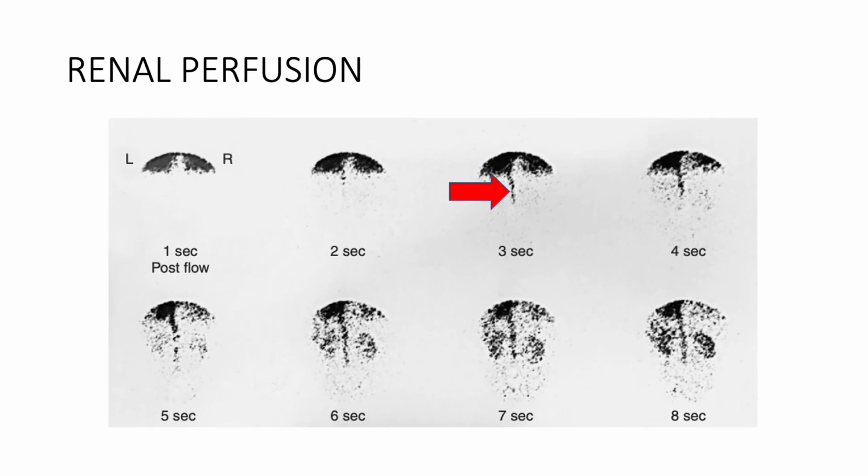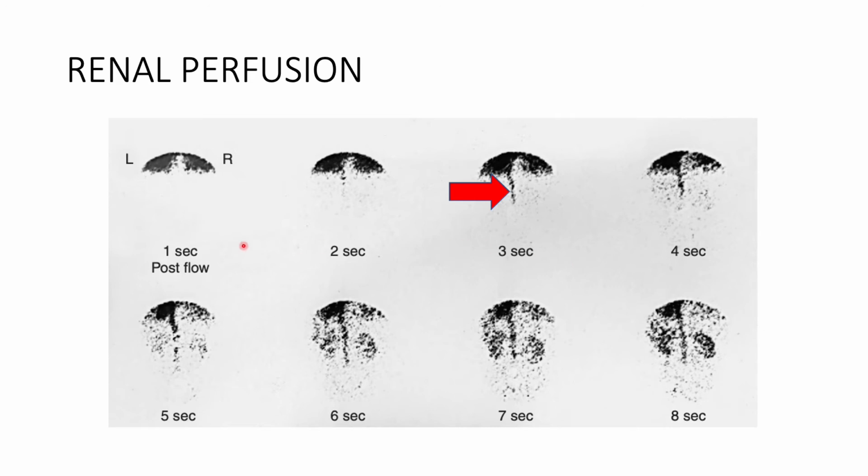Imaging renal perfusion usually begins as the bolus is visualized in the proximal abdominal aorta, with subsequent serial images made every 1 to 5 seconds, depending on the instrument available and the preference of the interpreter.